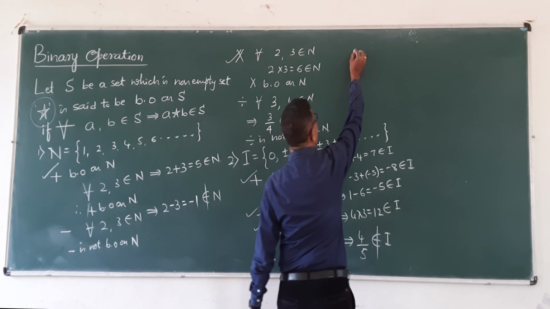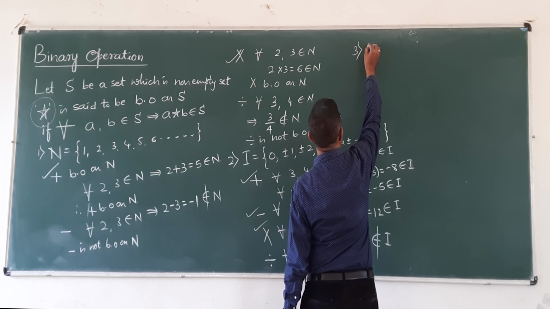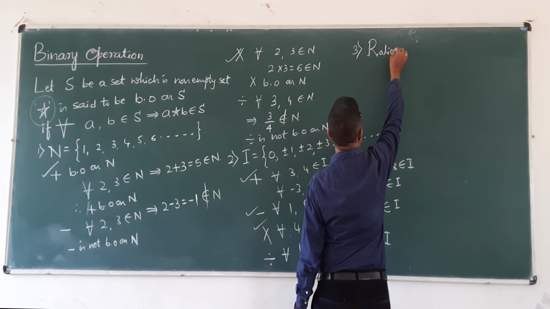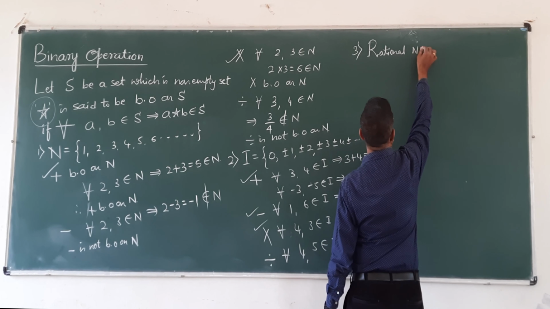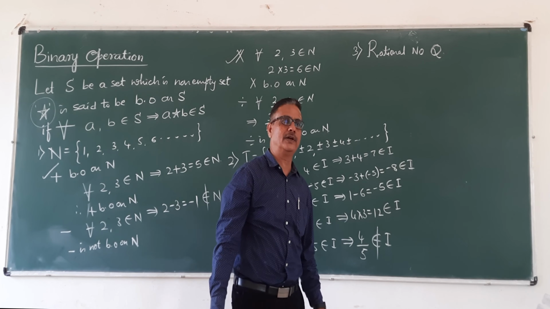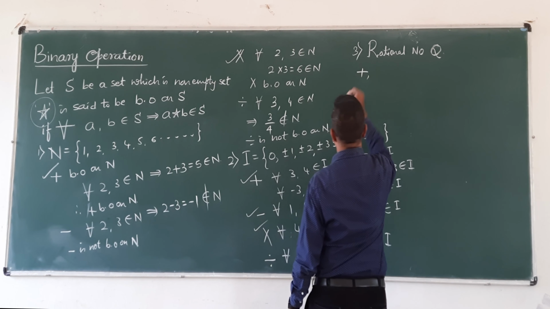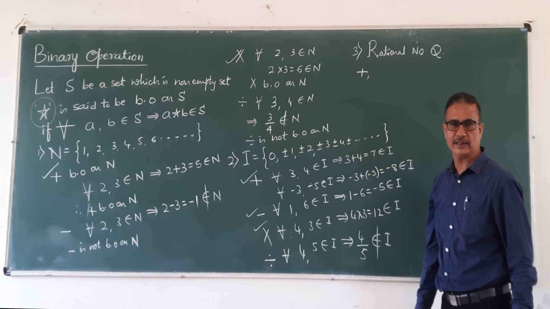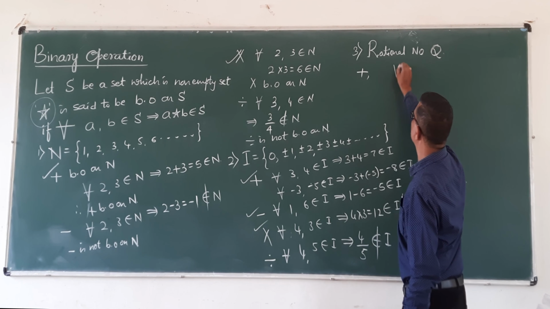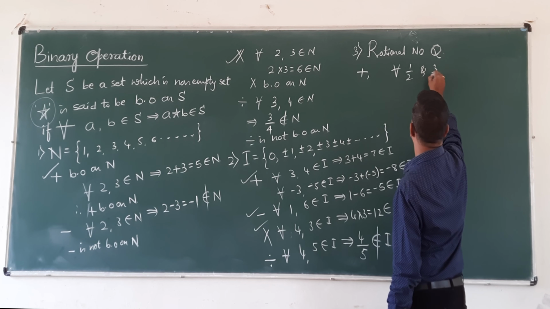Okay, take one more example. Very fine. Check on the set of rational number, denoted by Q. On the set of rational number, let us verify one by one whether addition is binary operation. Yes, take two rational numbers, say 1 by 2 and 3 by 5.